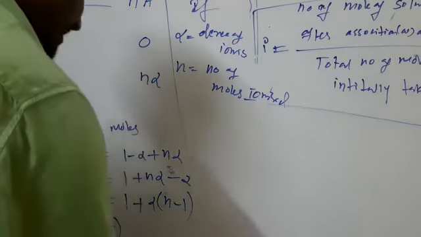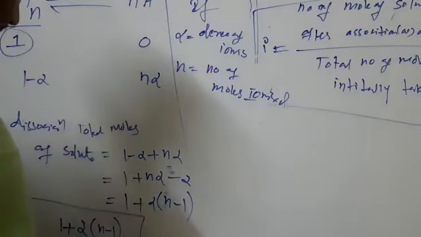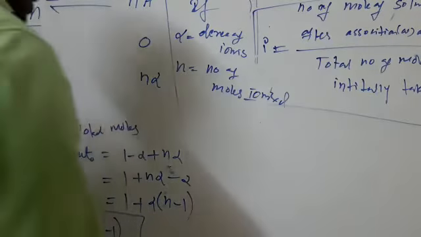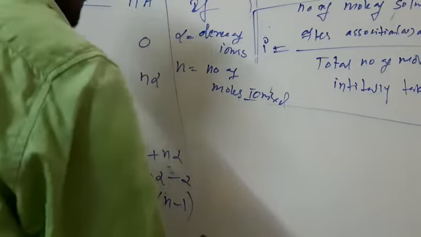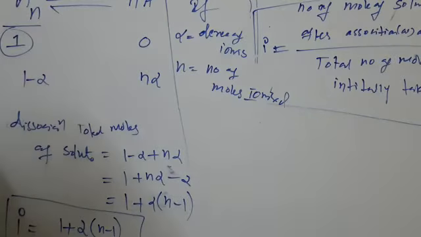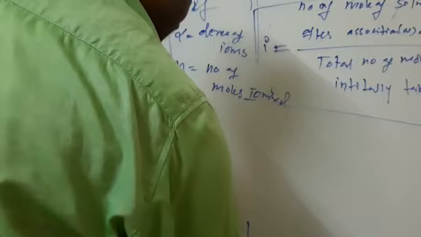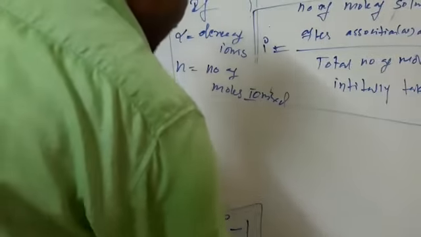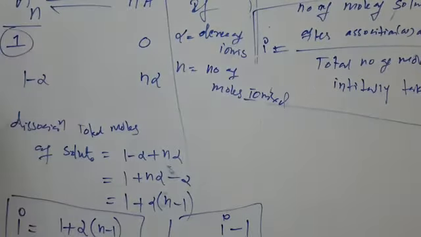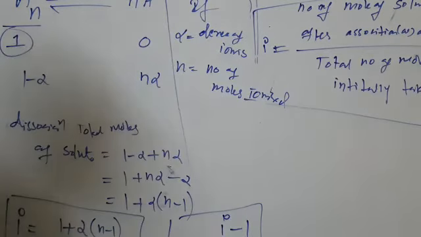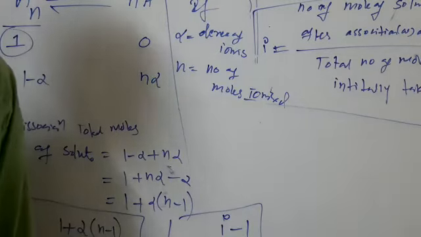If you simplify this, i is the van't Hoff factor, and the degree of ionization alpha equals i minus 1 by n minus 1. So this is our degree of ionization. n is the number of particles ionized, and i is the van't Hoff factor.